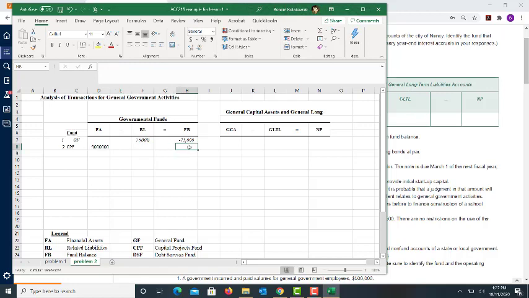And that's going to increase our fund balance. And what else do you think that does?